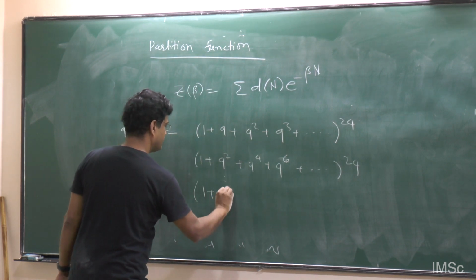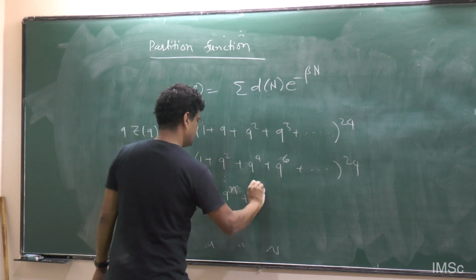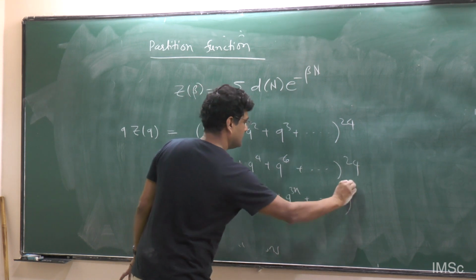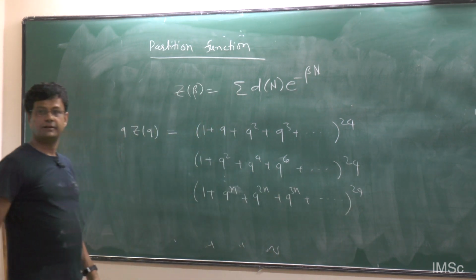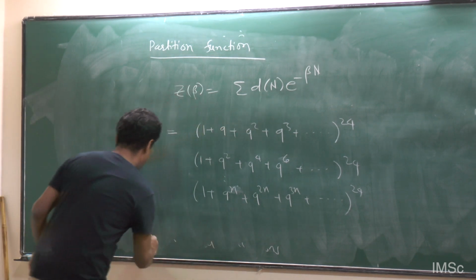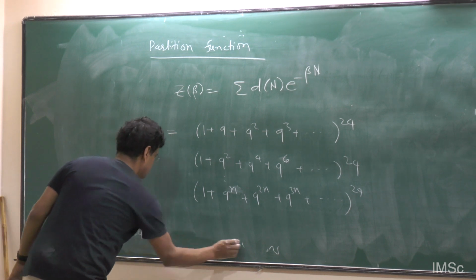So in general, 1 plus q to the n plus q to the 2n plus q to the 3n, to the 24. And you just expand it; p24 of n is the coefficient of q to the n.